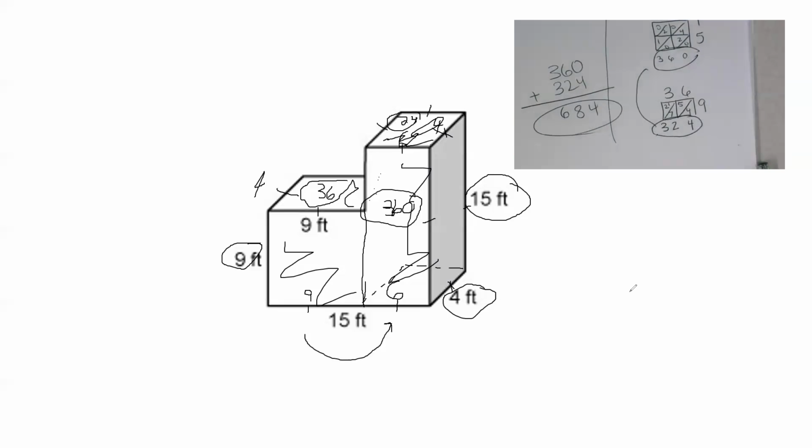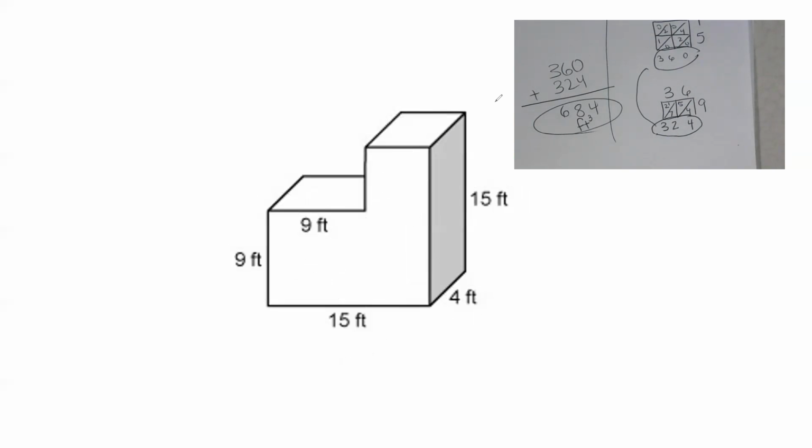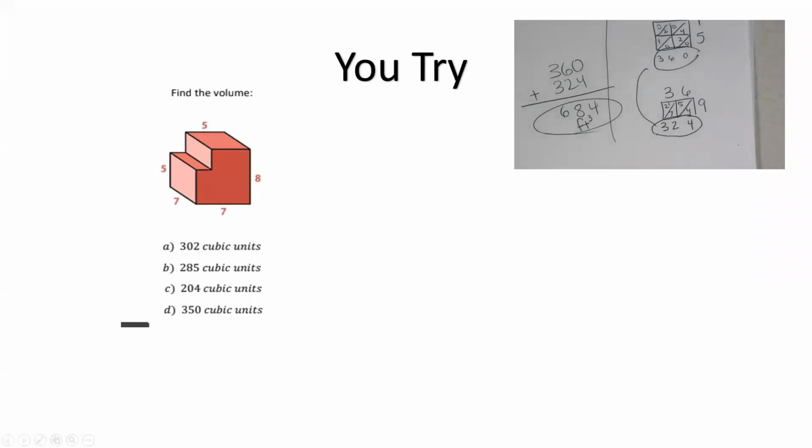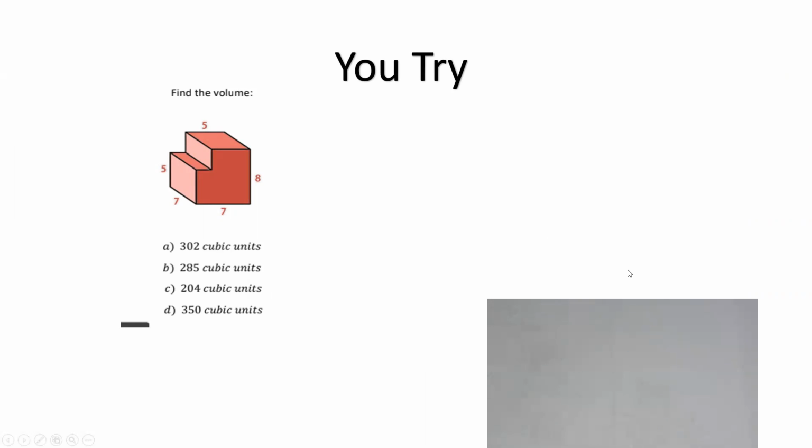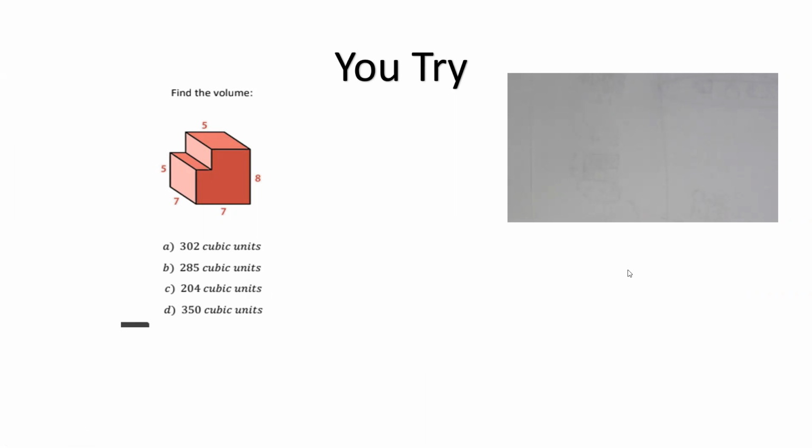But I almost forgot. Cubic feet, because it's a volume. All right, one more. You try, and then I show you the answer. Okay, pause it. And then when you want to see the answer, unpause it. See how you did.